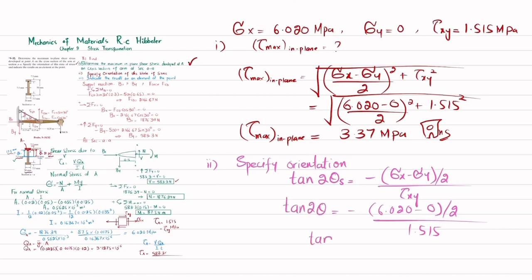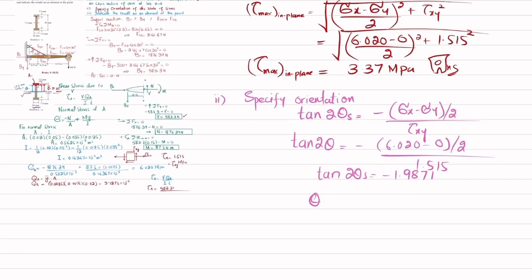So tangent of 2 theta s will be equal to minus 1.9871, and 2 theta s will be equal to tangent inverse of minus 1.9871, and you will get 2 theta s equal to minus 63.29 degree, or theta s equal to minus 31.6 degree.